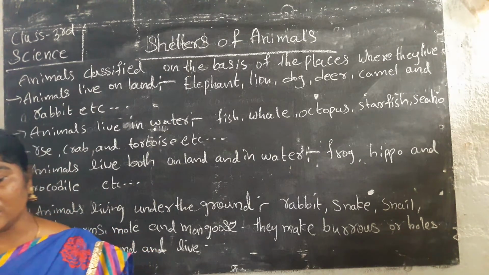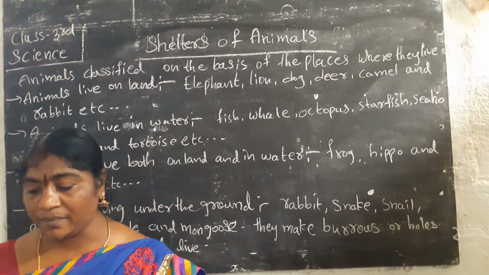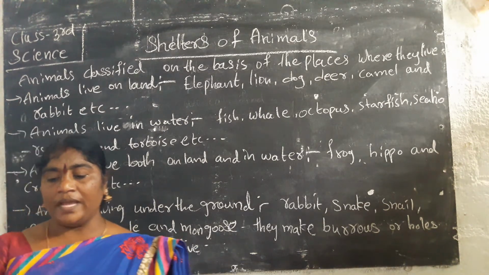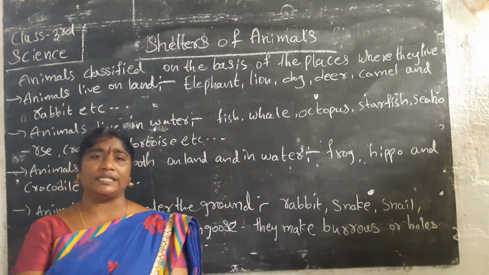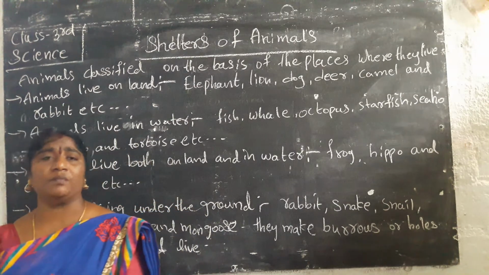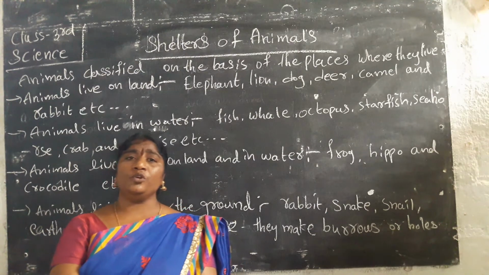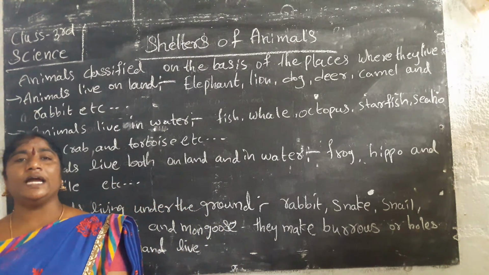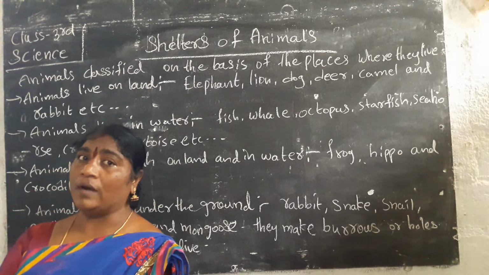Lata asked the questions that were rising in her mind, that some animals live on land and some live in water. Her uncle explained to Lata that some animals live on land, some live in water, and some live in both.